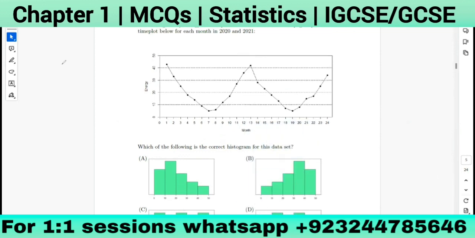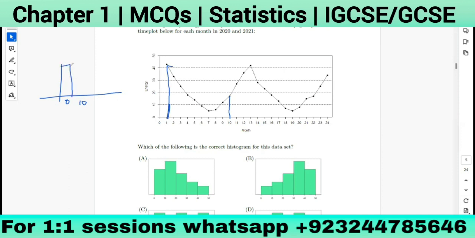The histogram should be from 0, if it is moving from 0 to 10, from 0 to 10. Then it's going up from 0 to 10. It comes like this.